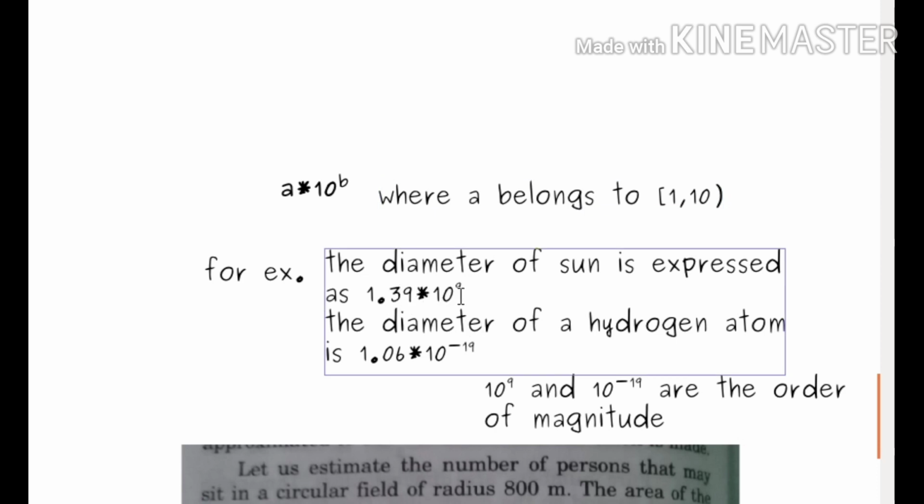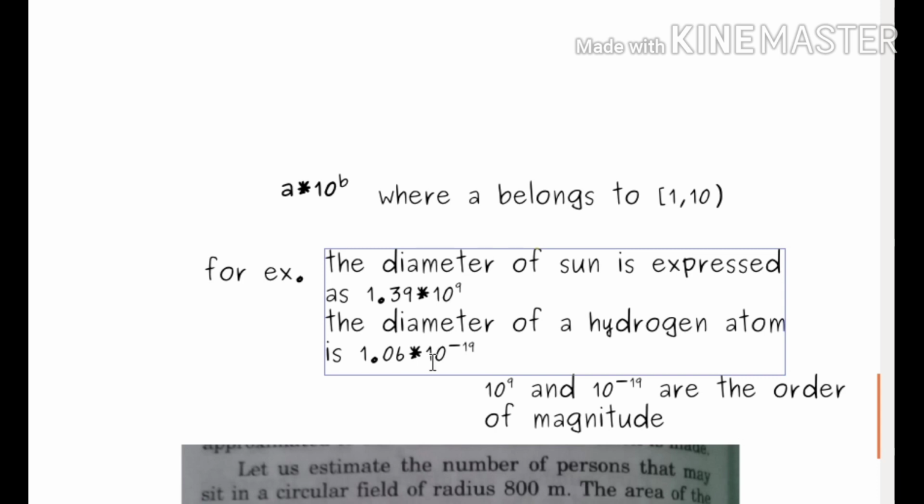We were not interested in units, so I didn't write the unit here. This is in meters. Okay, so the 10 to the power 9 number. Now we have a feel for how much 10 to the power 9 may be. We can use the zeros and calculate it so that we can have the feel.